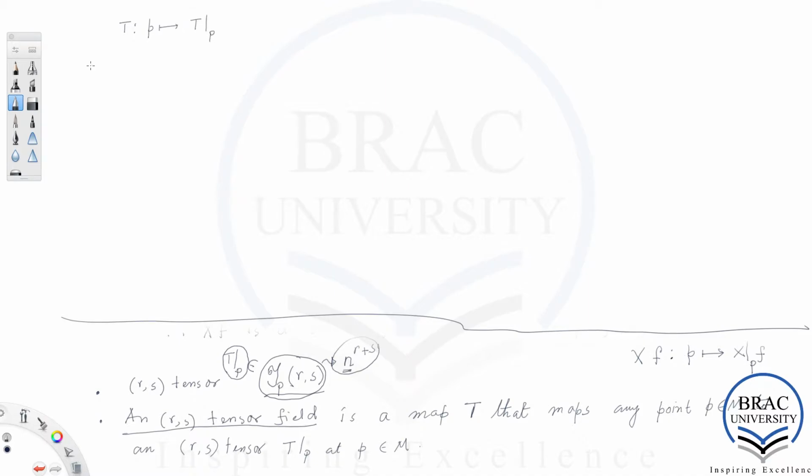Now given R one forms, which we discussed in detail in the previous lecture, say we have R one forms, eta 1, eta 2, all the way up to eta R, and we have S vector fields, the dual counterparts of these one forms, X1, X2, all the way up to XS.